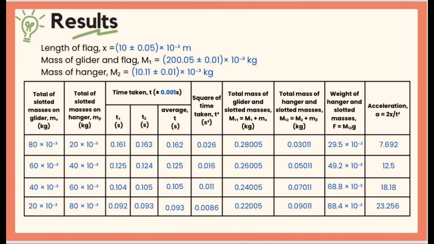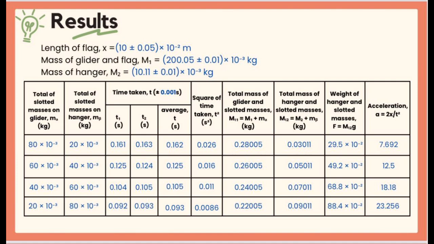The first one is 0.28005, 0.26005, then 0.24005, and the last one is 0.22005.